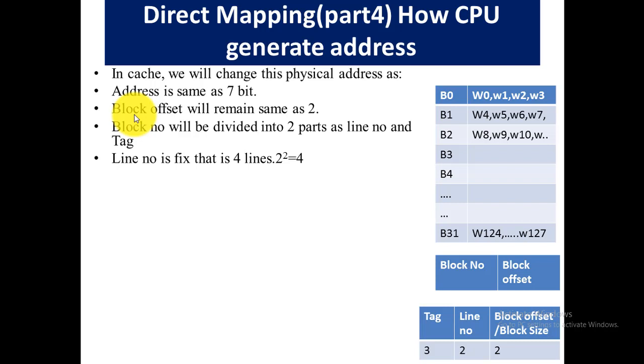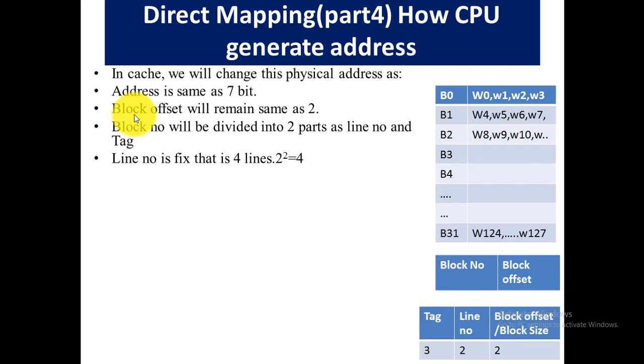In RAM there are 128 words and each block has 4 words, and in cache memory we have 4 lines. If you remember, we discussed that the cache line size and the block size should be the same. So the cache memory will have 4 words in each line, so there would be 16 words, right?